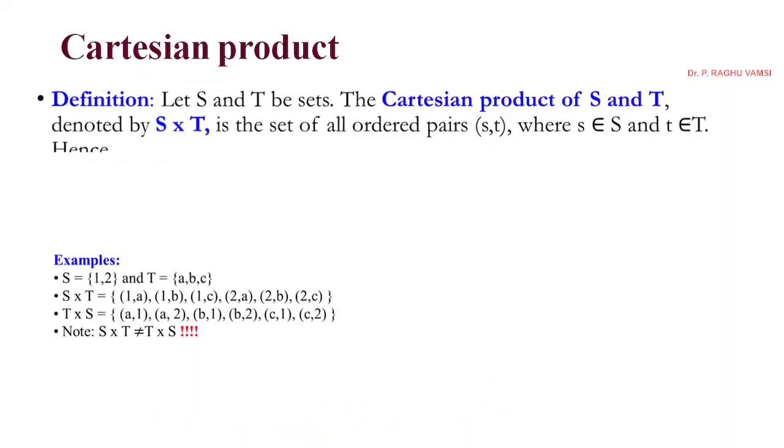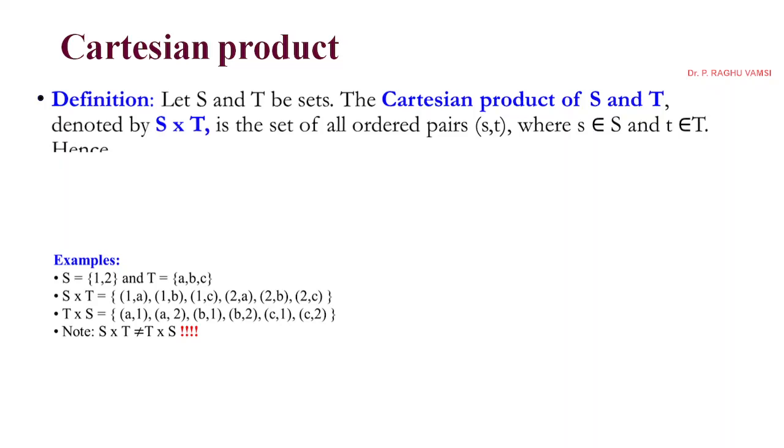Cartesian product. Whenever you go for the product, what will happen? Obviously you will multiply one element with the other element. Here the Cartesian product is you are making the combinations from one set with the other set. Okay. Definition. Let S and T be sets.